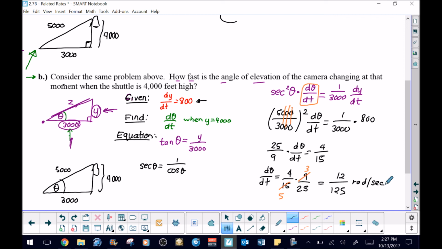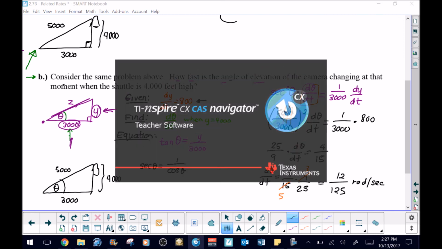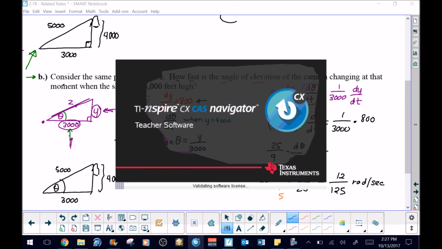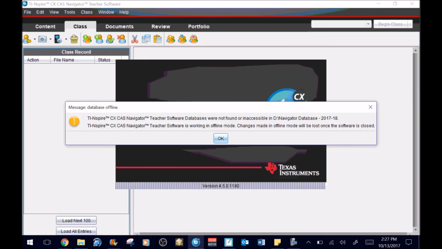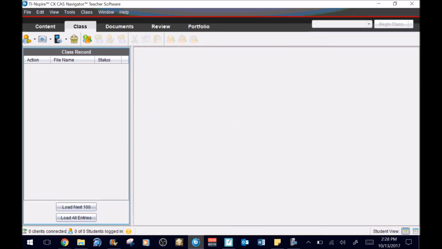Now, if you're wondering, well, what does this really mean? I suppose that we could open the TI Inspire software, which will take just a moment here. Yep, I did not come prepared. And we could convert this 12 over 125 radians into degrees fairly quickly. Let's go to a scratch pad here. We can just type in 12 over 125, real simple.